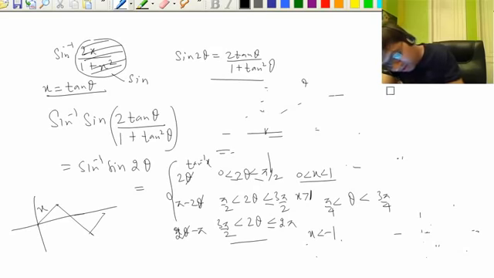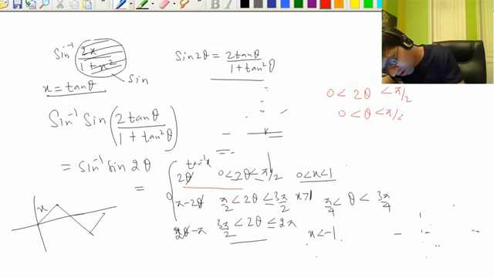Again I'll repeat this. 2 theta, see this first segment, 2 theta from 0 to pi by 2, theta from 0 to pi by 4. Now from the graph of tan, if theta lies from 0 to pi by 4, what about tan theta? You have to feel x is tan theta, so you have to see tan theta. What will tan theta be if theta is from 0 to pi by 4? So it lies from 0 to 1.